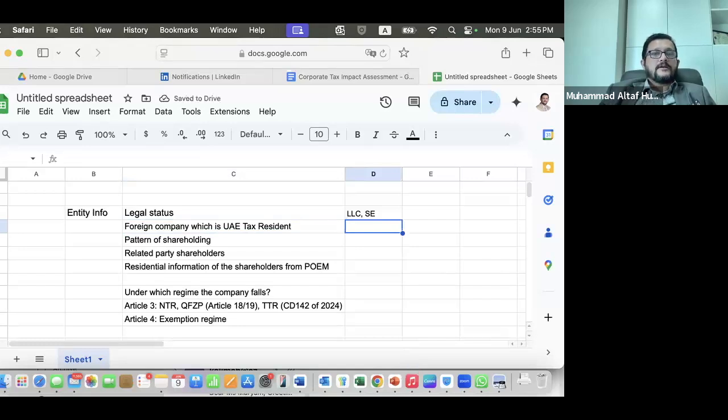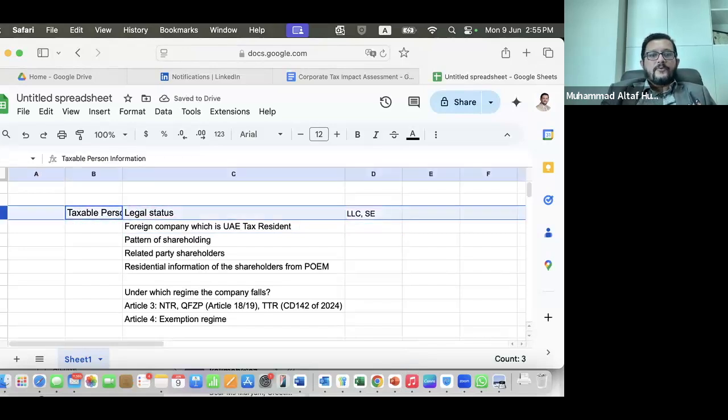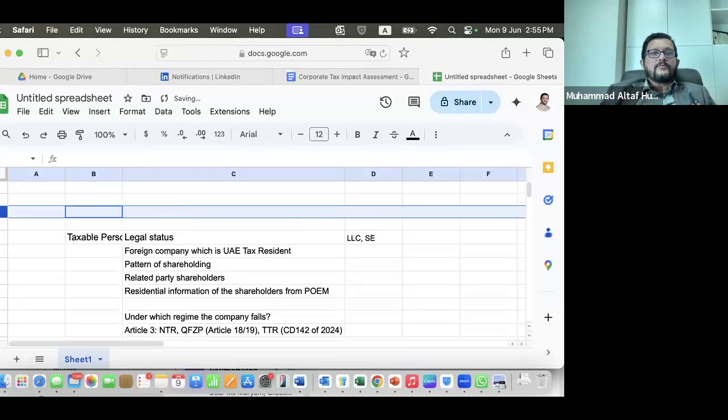It is a foreign company, but it can be a tax resident. So basically, when we talk about entity information, taxable person information is the better word, right?